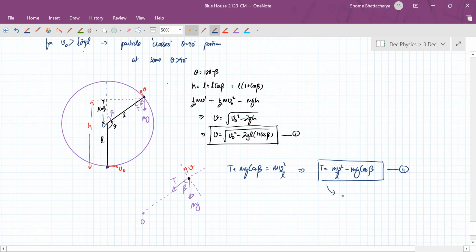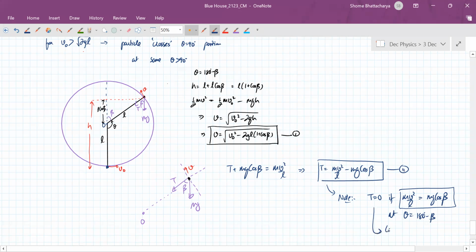So this shows us that T becomes 0 if mv square by L is equal to mg cos beta at theta equal to 180 minus beta. So if this condition is satisfied, the string can slacken off.